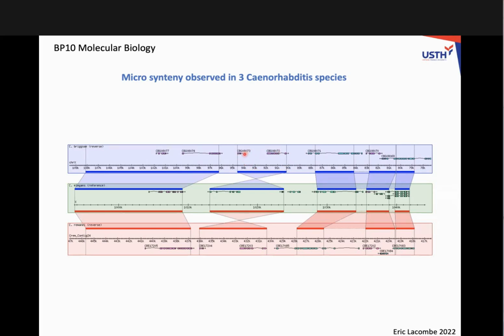If you look at the orientation of the open reading frames, the genes go from left to right. The first one is a small gene. The second one is bigger than the first one, but both of them are in the same orientation.